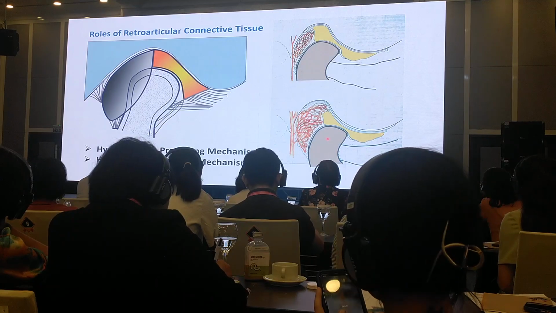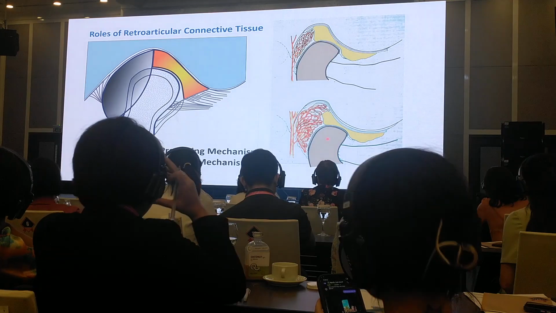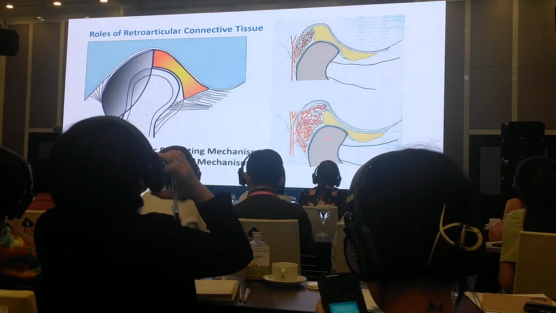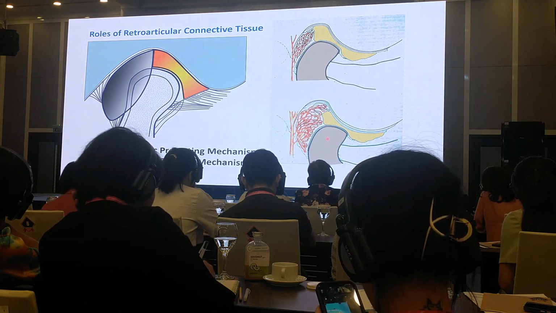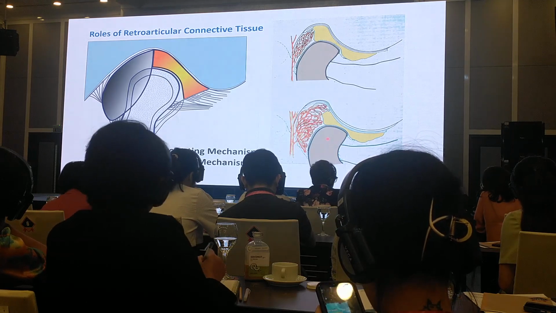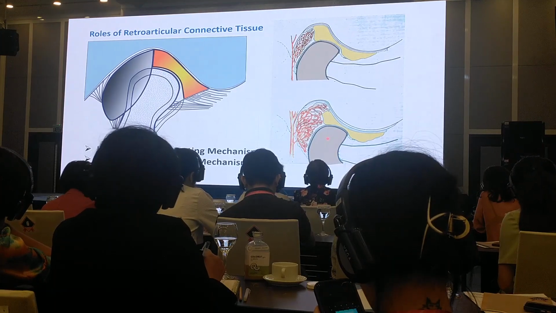Then speaking. How much does the mandible open during speaking? How much does the mandible rotate during speaking? Louder, please.